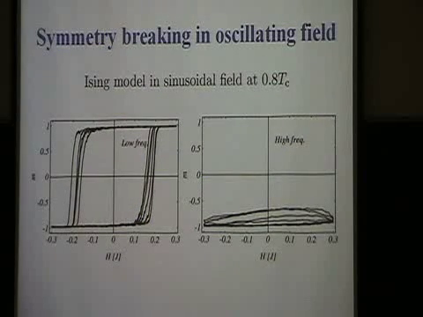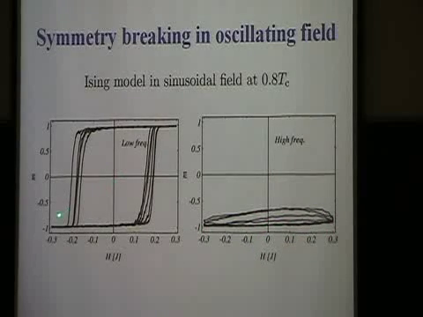Now let me just show a very simple, motivating example. Here I have a two-dimensional kinetic Ising model in an oscillating field at Tc, with field amplitude 0.3J. I'm just showing here a very low frequency and a very high frequency.